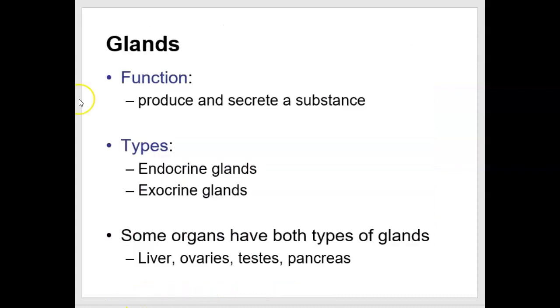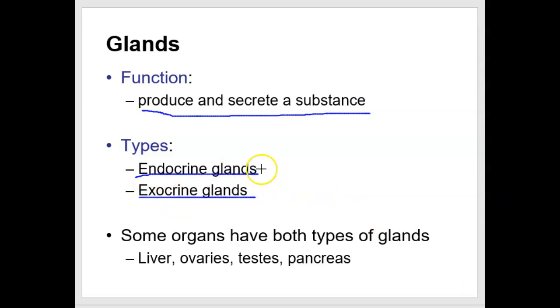So since glands are made up of glandular epithelium, I want to take a minute and talk about glands. Now, the function of a gland is to produce and secrete a substance. Where the substance is secreted, like where whatever it makes goes into, will dictate what type of gland we call it. There's 2 types then. There are endocrine glands and there are exocrine glands.